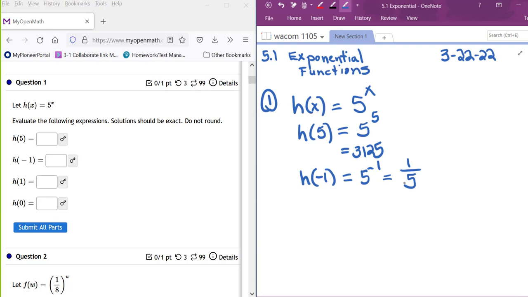And you could plug it in and switch it to a decimal, should be 0.2. Also, I wanted to remind you, the last one that's there, anything to the 0 power is equal to 1. But you would get that if you plugged it in.